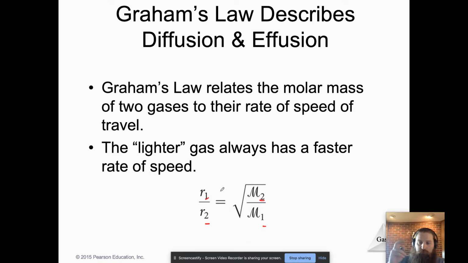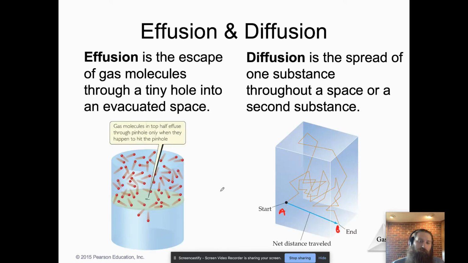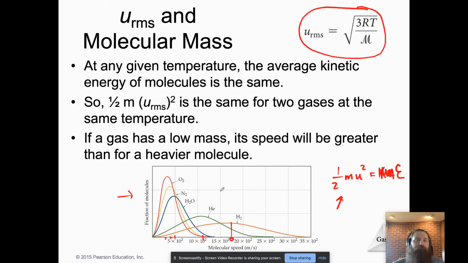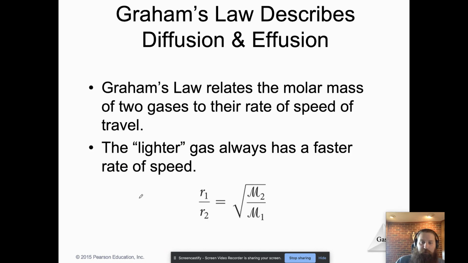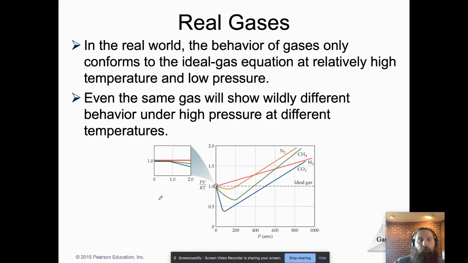They're like set up for cross multiplying. So the RMS equation here, U equals RMS, that equation, this equation down here, and this equation here are all telling us pretty much the same thing. Heavier gases move slow, lighter gases move fast, okay? They have a higher rate of speed.